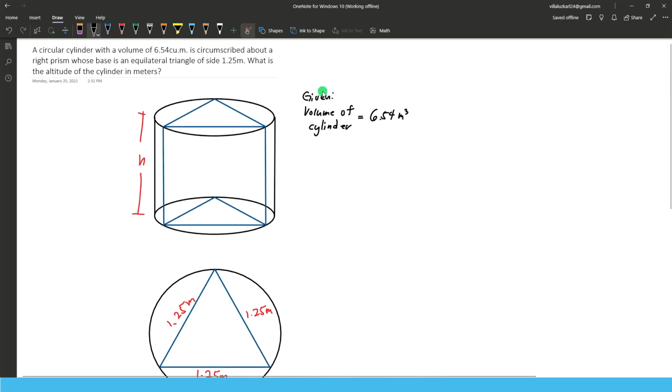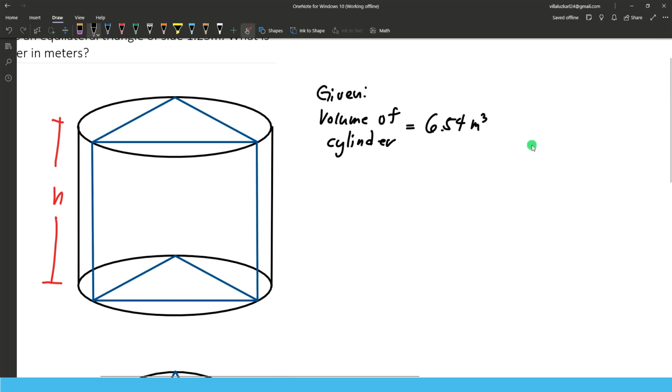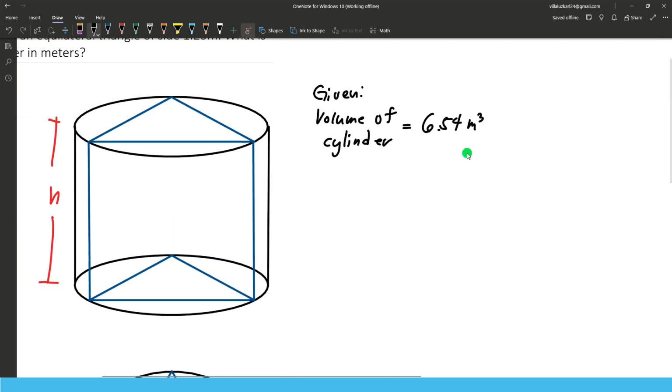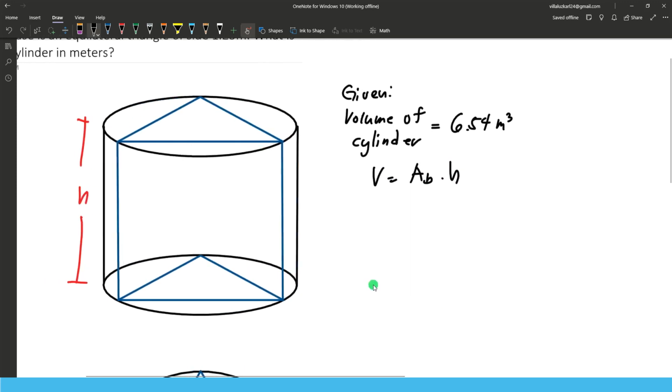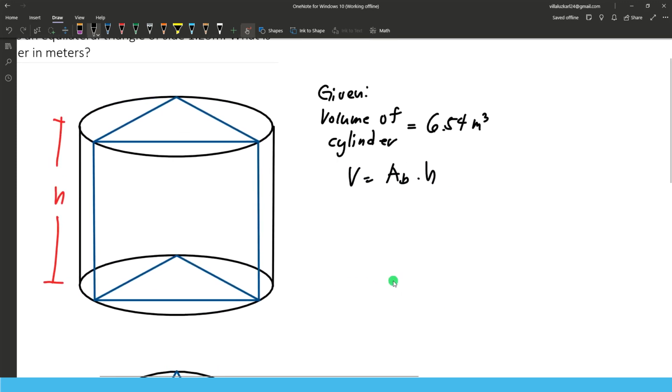Okay, so if we have the volume of the cylinder, using the formula for the volume of the cylinder, we have the area of the base times the height. We also need r, the radius of the circle, for the area of the base.